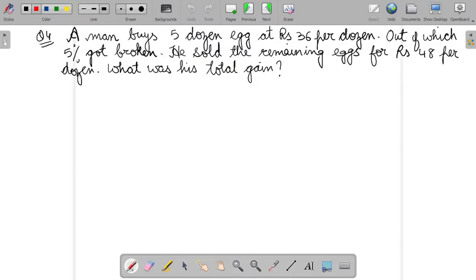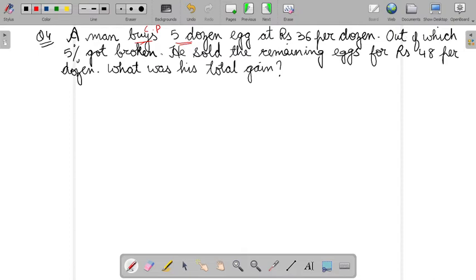Question 4. In question 4, a man buys 5 dozen eggs at the rate of rupees 36 per dozen. Means buys returns cost price. 1 dozen eggs cost price is 36 and he has bought 5 dozen, out of which 5% got broken.